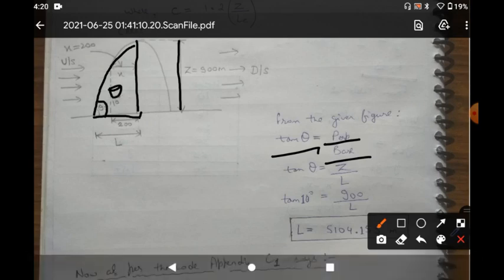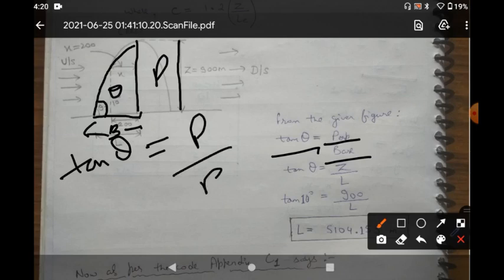So from here, tan theta is perpendicular by base.